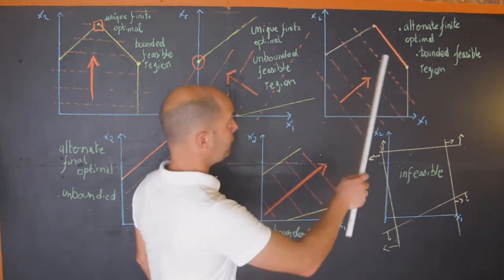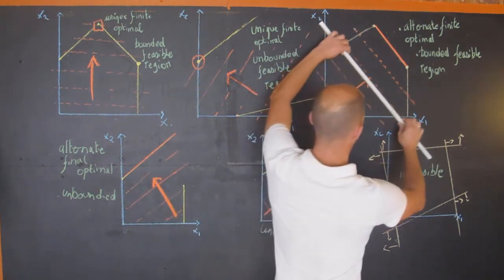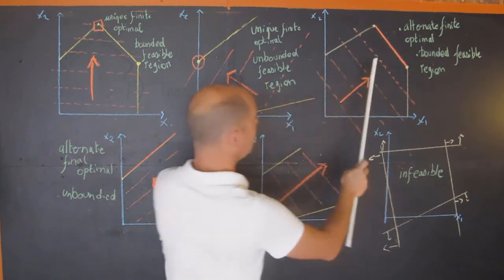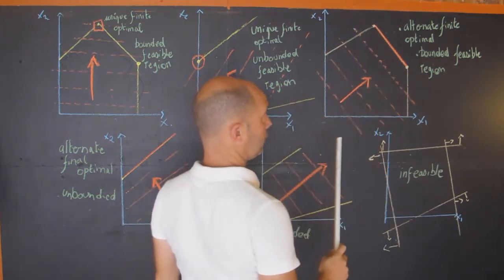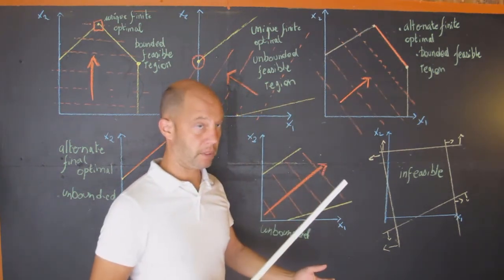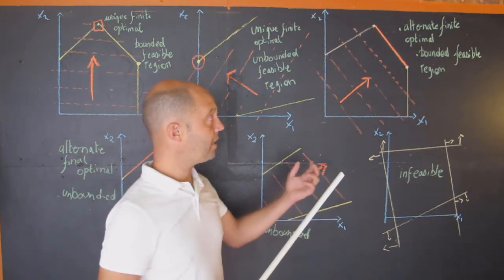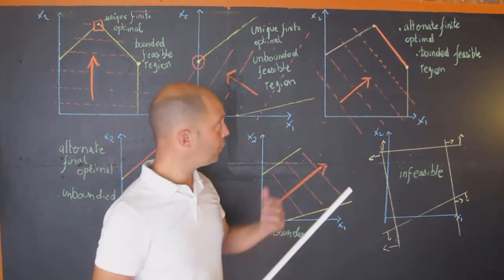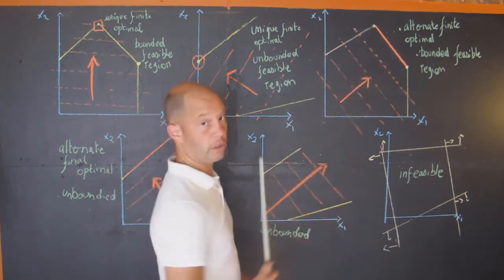The feasible region is bounded, but when I map the objective function, I realize that I have a finite number of optimal solutions along this line. I say finite because typically we are dealing with integer problems. If we didn't have an integer constraint, you could have an infinite number of optimal solutions along this line.